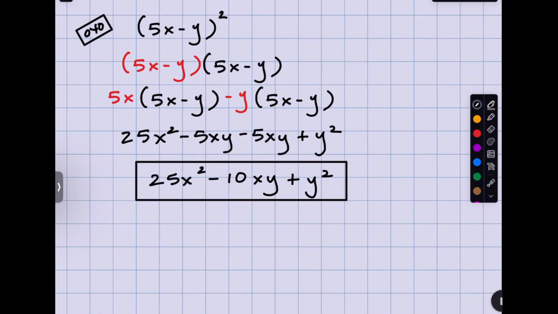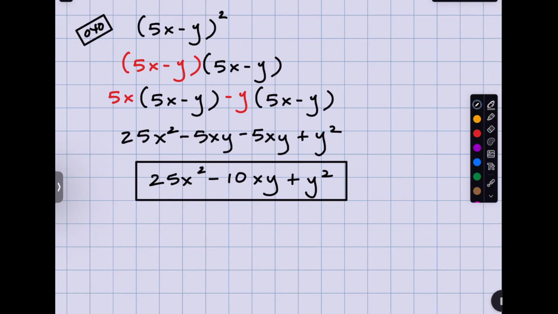Any questions? None? We're good? Okay. So I would strongly suggest to you guys, anytime you see that power, write it out twice. Because if it was multiplication, you'll see the distributing of the power anyways. Okay?